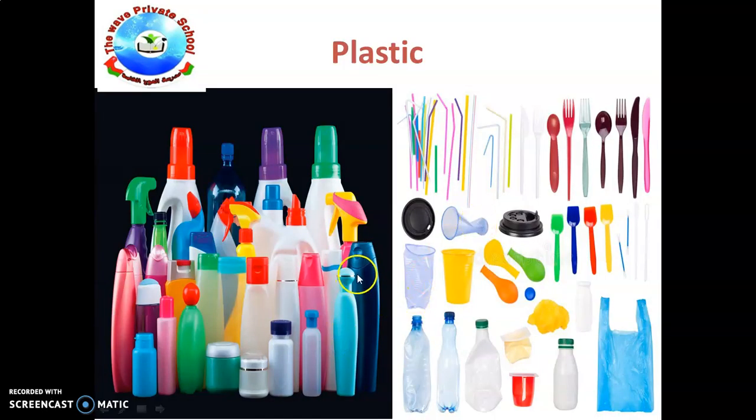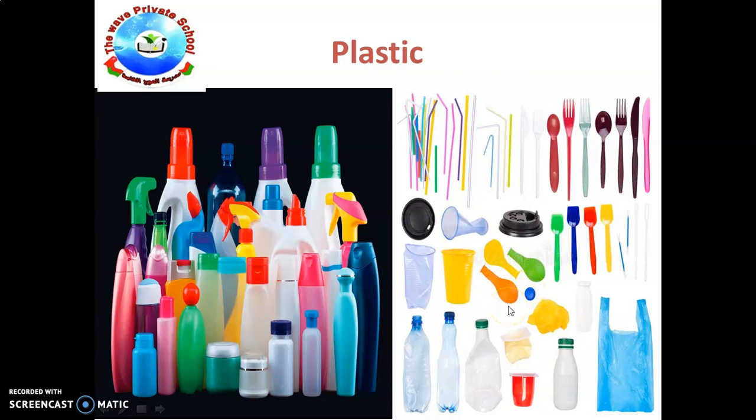So here you can see plastic. This is the first material we are choosing. It is a plastic material. It comes in many different types with different properties. Here you can see more things made with plastic.